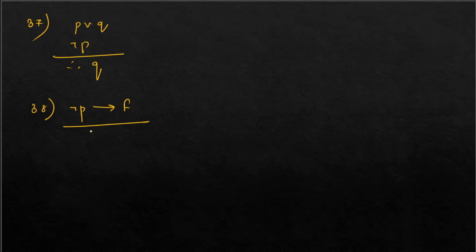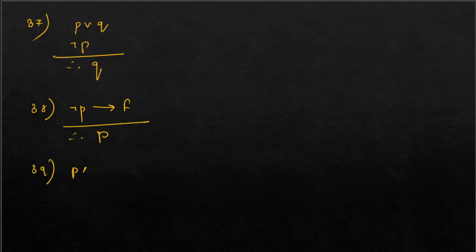The 37th is P or Q, negation P, this will give Q. This is the rule of disjunctive syllogism. The 38th is negation P implies F. This will give the result P, because this is the law of contradiction.